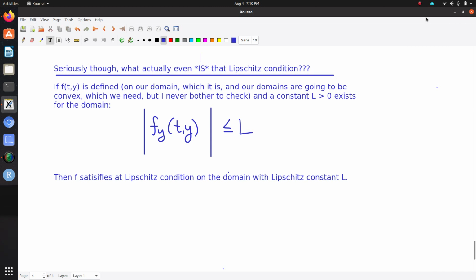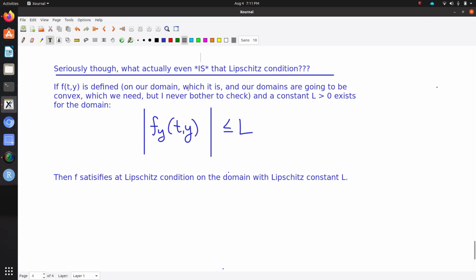And a constant L, which is greater than 0, exists for the domain, and the partial of f with respect to y for a fixed t, actually for all t's, is bounded by L, then f satisfies a Lipschitz condition on the domain with Lipschitz constant L.